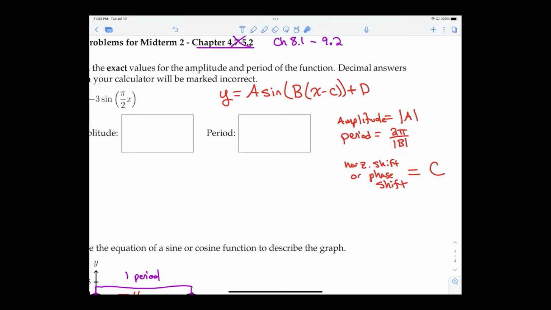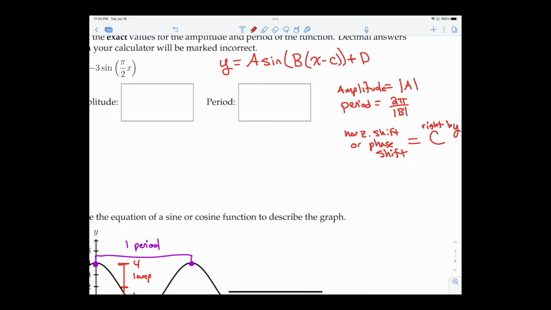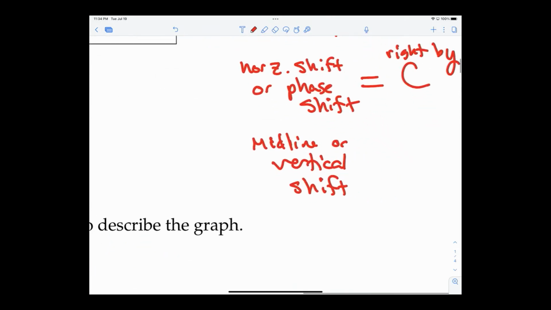And that's actually right by c, because they could ask left or right. And finally, the midline or vertical shift is, well, depending on what you're answering.